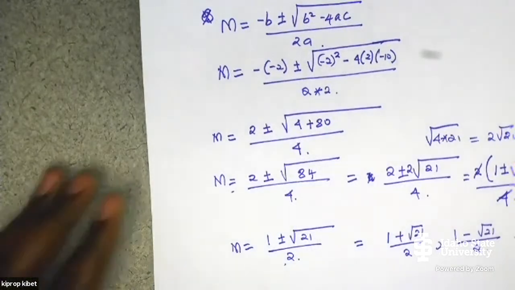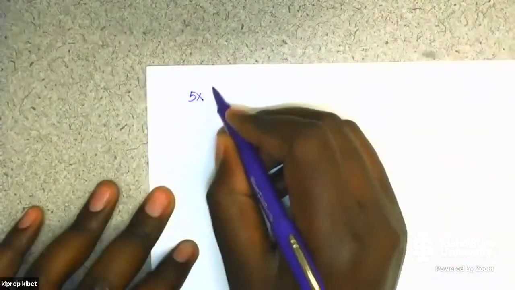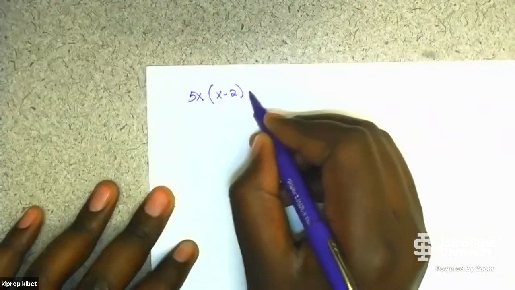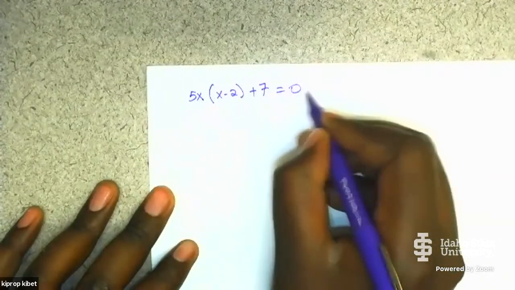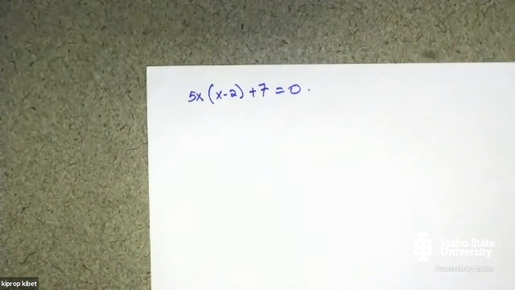Another example. 5(x minus 2) plus 7 equals 0. So what do you do?